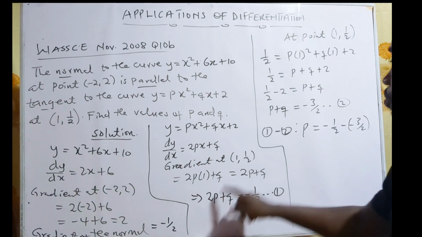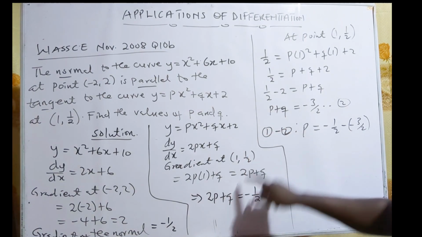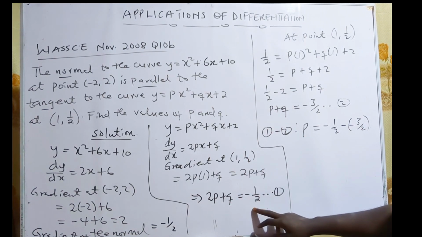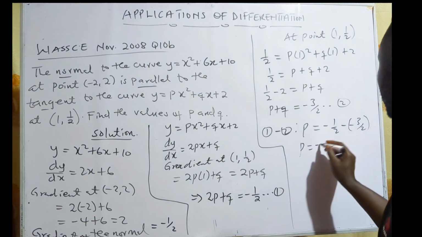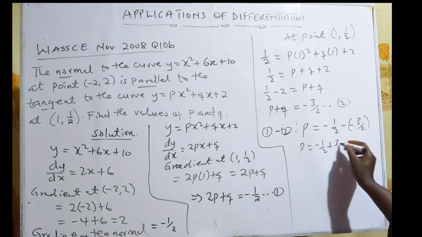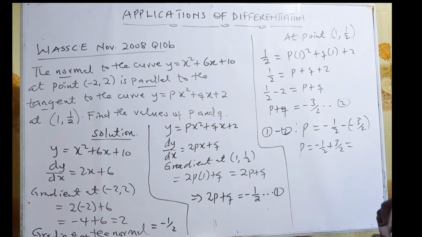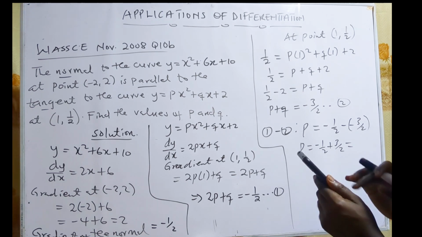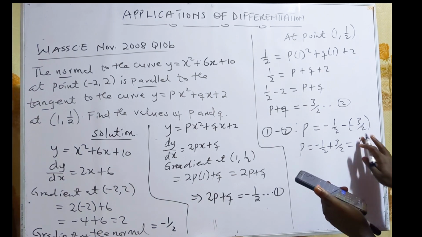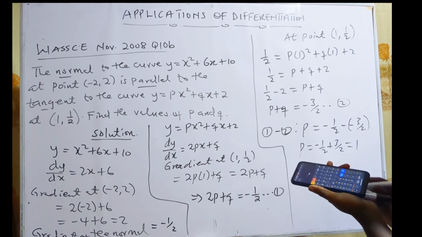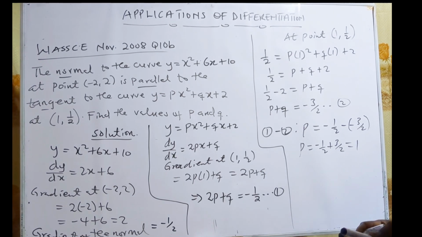So my p is going to be minus 1 over 2 plus 3 on 2, which gives me 1. So my p is 1.